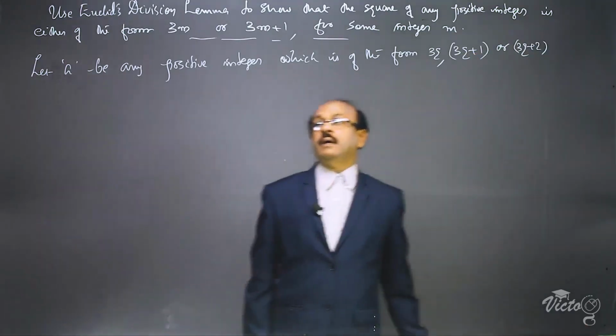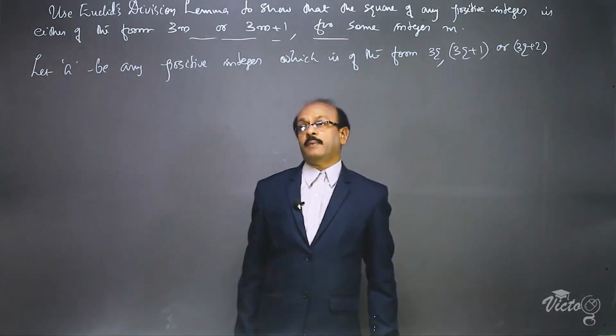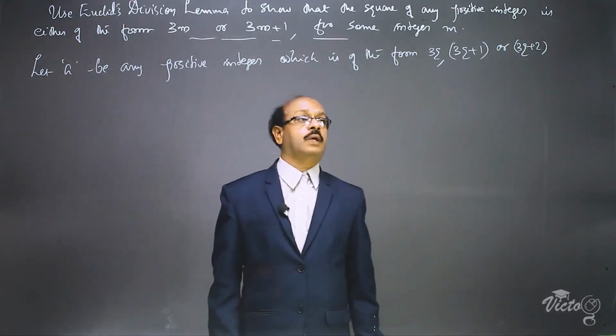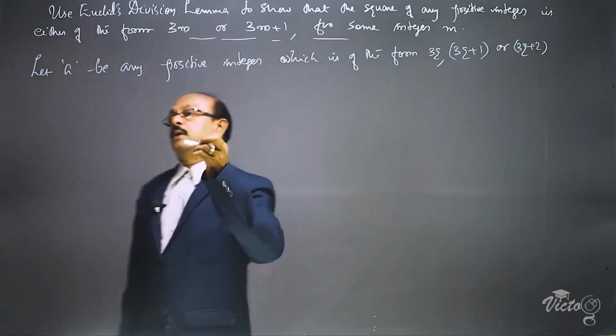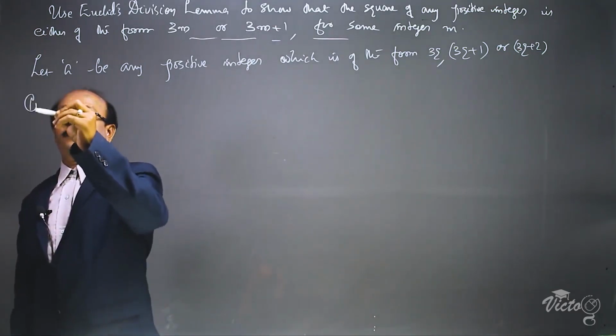We are assuming any positive integer a which is of the form 3q, 3q plus 1 or 3q plus 2.